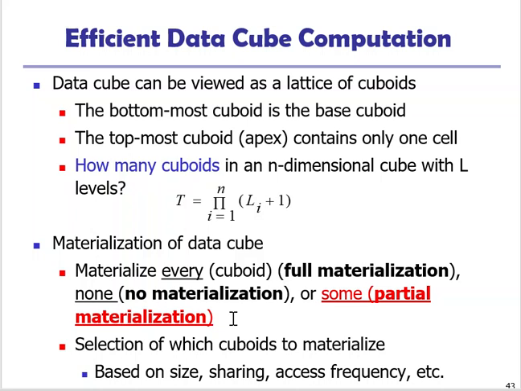So you can refer to chapter 5 to read more about this. The selection of which cuboids to materialize is based on the size of the cuboids and the access frequency of the data to support queries. So for more details, see chapter 5.